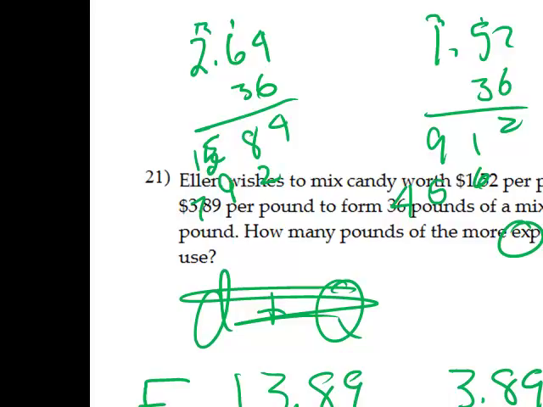So that's 2, 7, 4. $54.72. So add these two together to equal that. 3.89 E plus 85.04 equals 1.52 E plus 54.72.